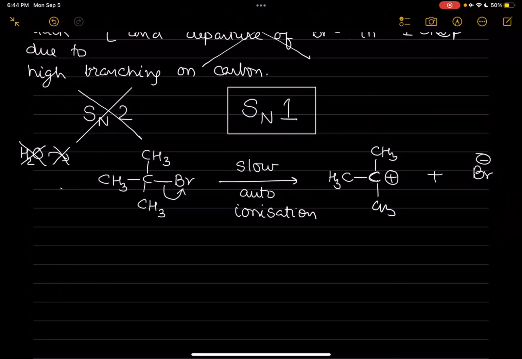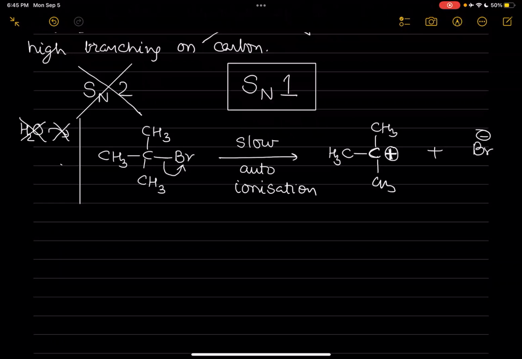That's the question. The nucleophile can't come in and access the substrate. The substrate on its own, by gaining some energy from heat or from the solvent, starts breaking and gives us a carbocation and this Br comes out. Okay.